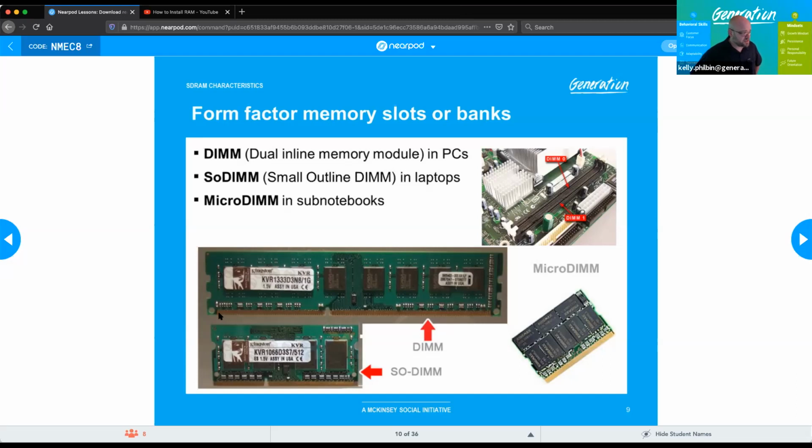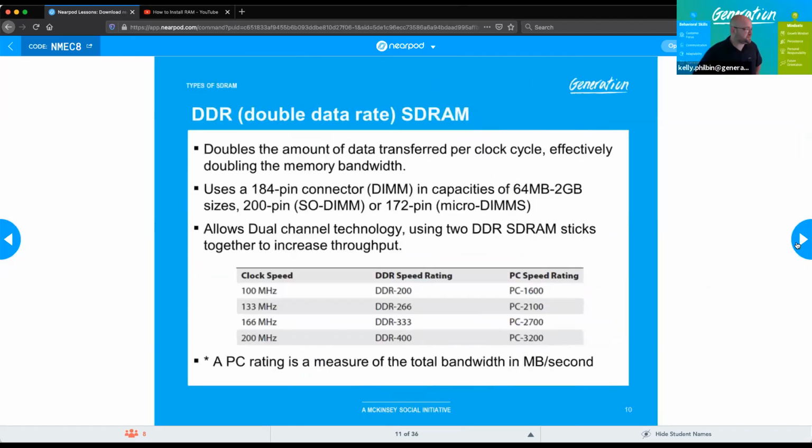So what they mean when they say 200 pins, like on the SODIMM, is there are 200 tiny little segments along the bottom of this that are going to make connection with the computer when it slips into that slot. Okay. Wow. So in that DIMM, there's 184 pins. Yes. I understand now. That's where that pin count is coming from, along the bottom here. That's a lot of pins. I got it now. Good question though. Thank you, Professor.